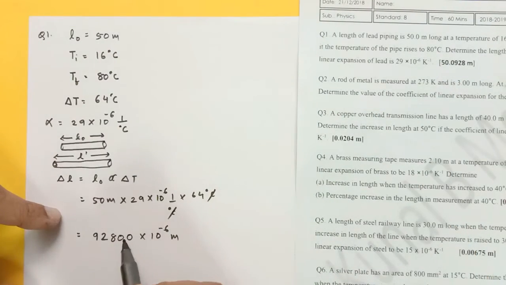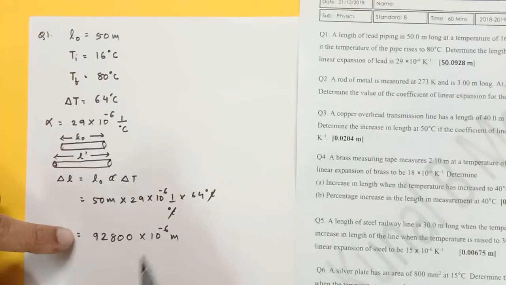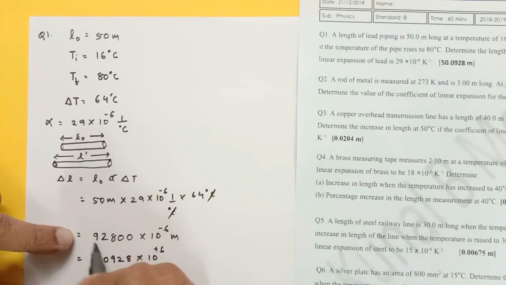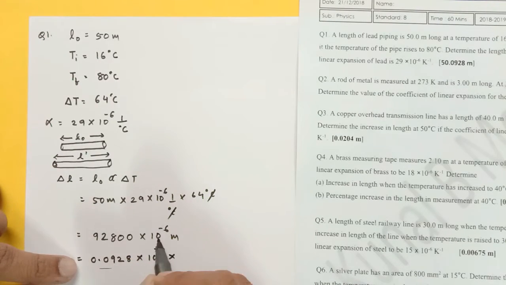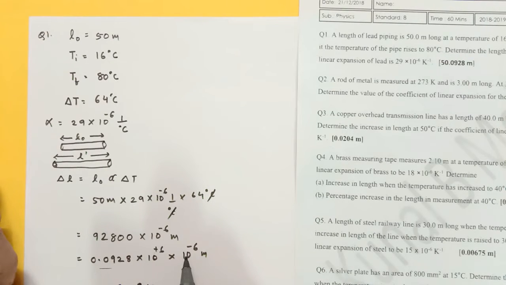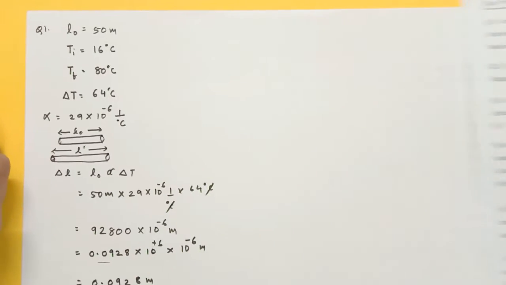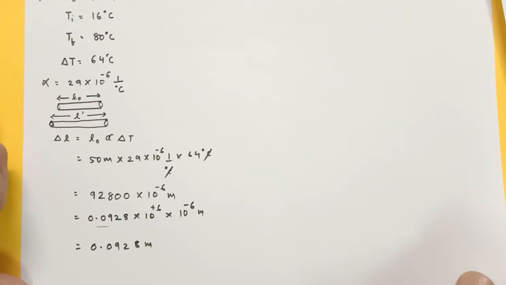So if I shift 1, 2, 3, 4, 5, then 5 zeros will be getting cancelled from here, or in short I can also write 0.0928 into 10 raised to plus 6, because this can be written like this, multiplied by this, and 10 raised to minus 6 remains as it is. Multiplication of the bases, if the bases are same, power gets added up. So my final answer would be 0.0928 meter.